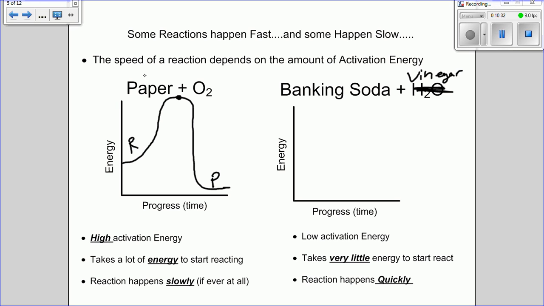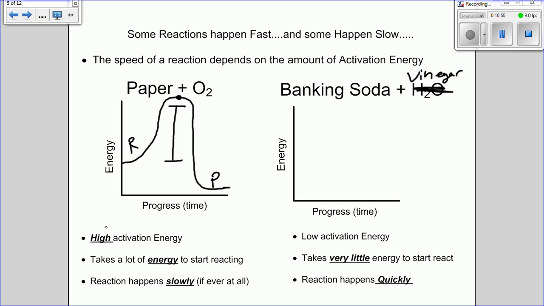However, paper and oxygen don't just randomly do this, because you need to put a lot of energy in. So in order to get these to react, you usually have to set them on fire or put energy in, such as flame from a lighter or a match. And that is the addition of your activation energy, the addition of the flame.